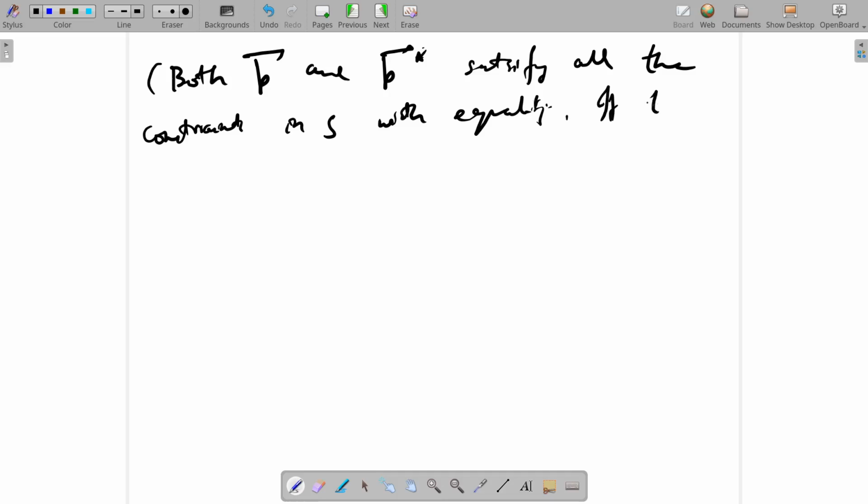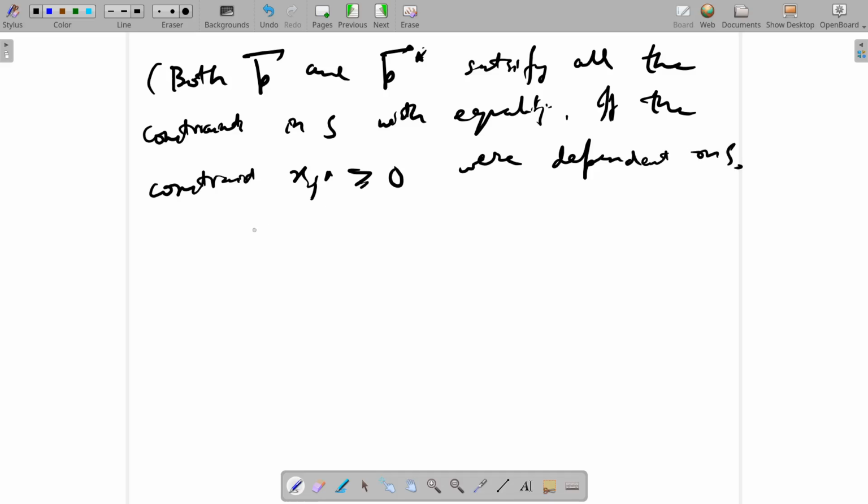Now if the constraint xj star bigger than or equal to 0 were dependent on S, then clearly what we would have is pj star star is equal to pj star, right? Because all of these were equality constraints, and then you take a linear combination of those. Then pj star star equals pj star.